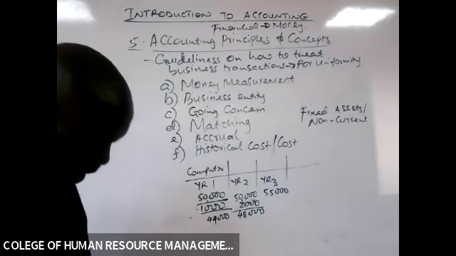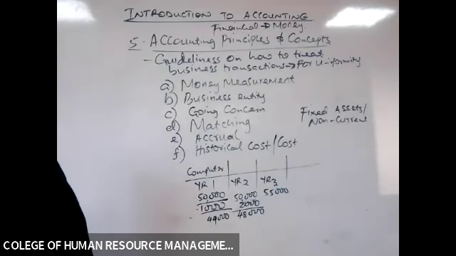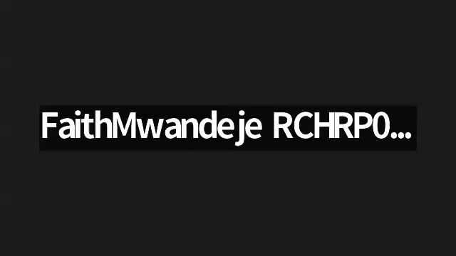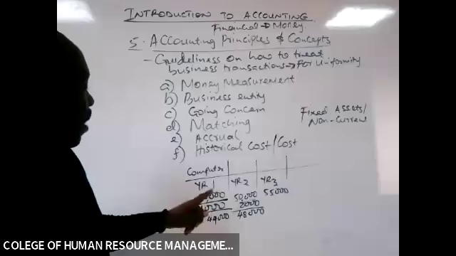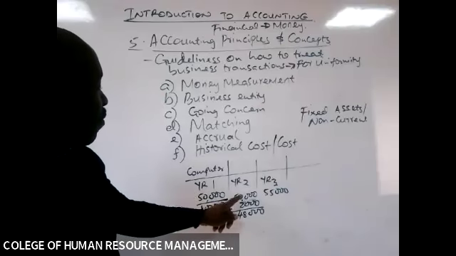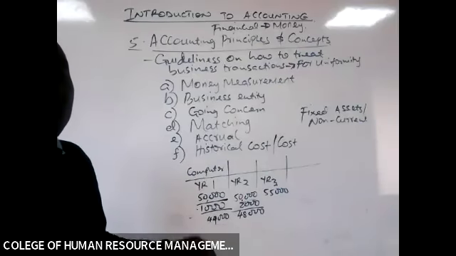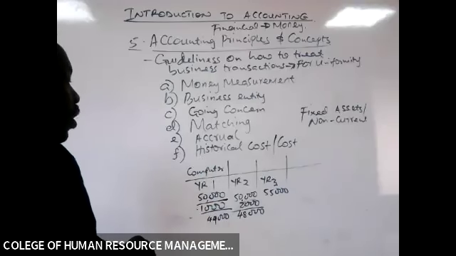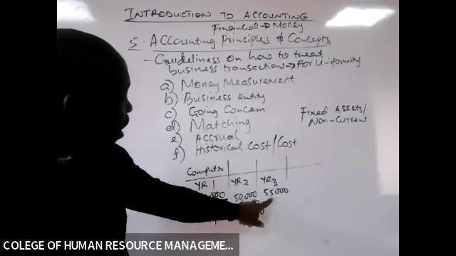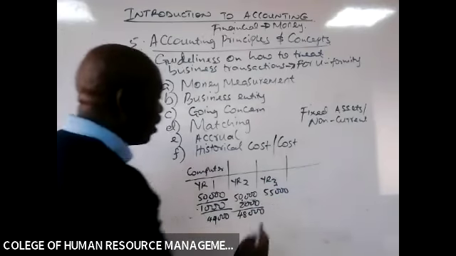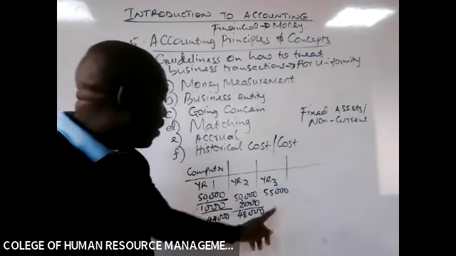Now we are in year 3. In year 3, the market price of this particular computer has gone up from 50 to 55. When I want to report now the value of my asset, should I take 55,000 and then deduct 3,000 depreciation for year 1, year 2, and year 3?